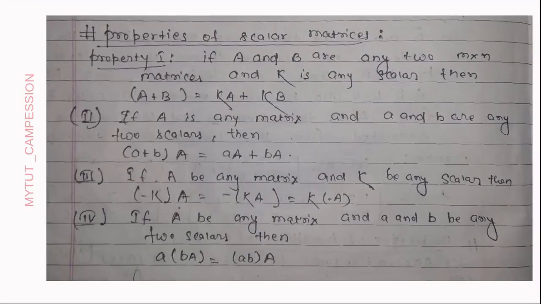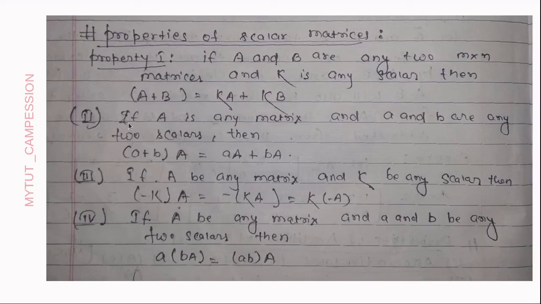Now properties of scalar multiplication: if A and B are two matrices of the same order and K is any scalar, then K(A plus B) equals KA plus KB. If A plus B is the sum of two matrices of the same order, we can first multiply each matrix by the scalar separately and then add, and we get the same value. If we add A plus B and then multiply by K, it is the same as KA plus KB.